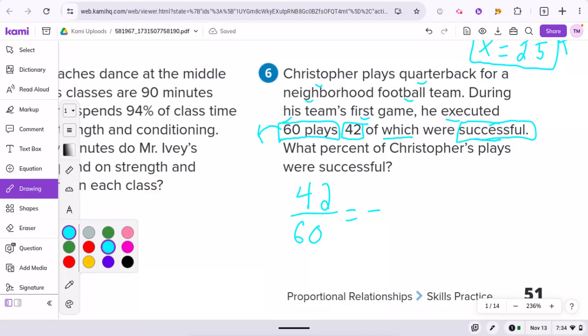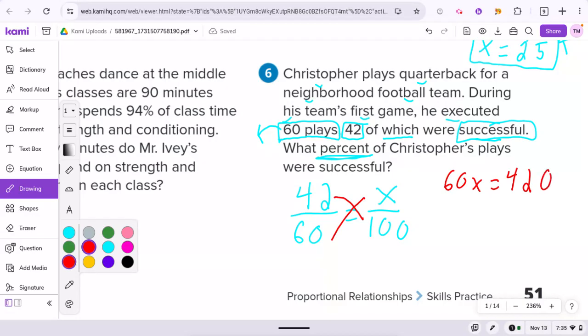So that needs to equal a percentage. We want to know the percent that we're successful. We don't know this number up here, so we're going to put the X here this time. And then we'll go about the same process. 60 times X, 42 times 100. Those can be put in your calculator if needed. And then the same steps as the last problem.